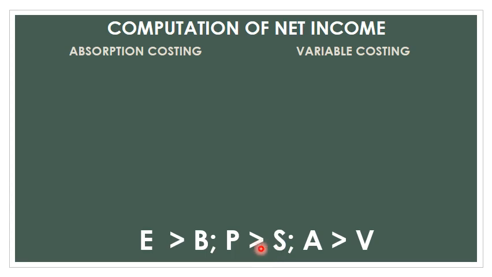So, mas mataas yung production by 3,000 units. So, ibig sabihin, mas mataas yung ending inventory. Since 40,000 yung production, 37,000 lang yung nabenta, may natira pang 3,000. So, mas malaki yung ending compare sa beginning. And, mas mataas yung income na makocompute natin under absorption costing according dito sa EBPSAV. Tignan nga natin kung totoo.